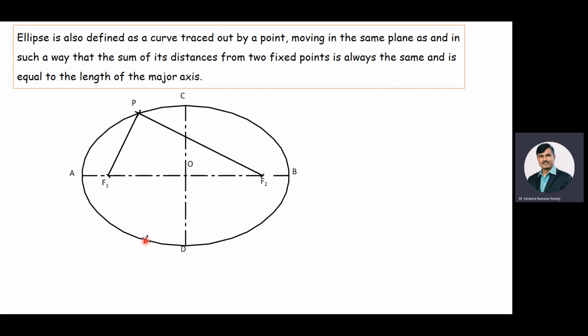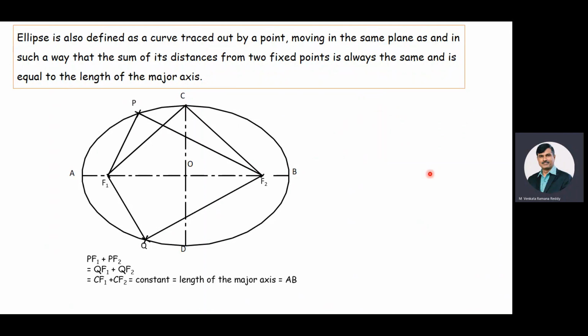Then the sum of the distances QF1 and QF2, and C is a point on the ellipse. Then the sum of the distances CF1 and CF2 is equal to the length of the major axis, which is equal to AB.